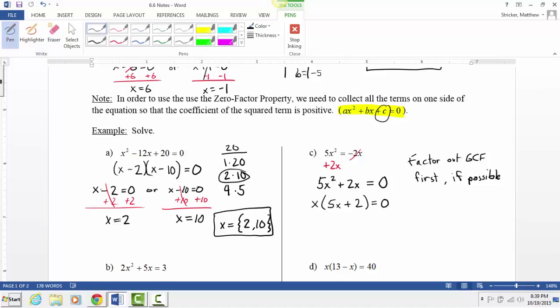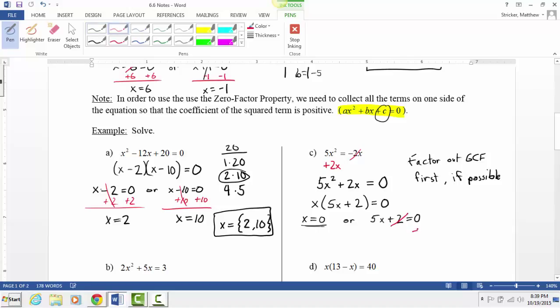So now, just like before, we're going to set the first and the second part equal to 0. We're going to set the x equal to 0, or we could get an answer from 5x plus 2 being equal to 0. Now, we don't have to do anything with the first one. We already got x by itself, but the second one, we're not quite done.